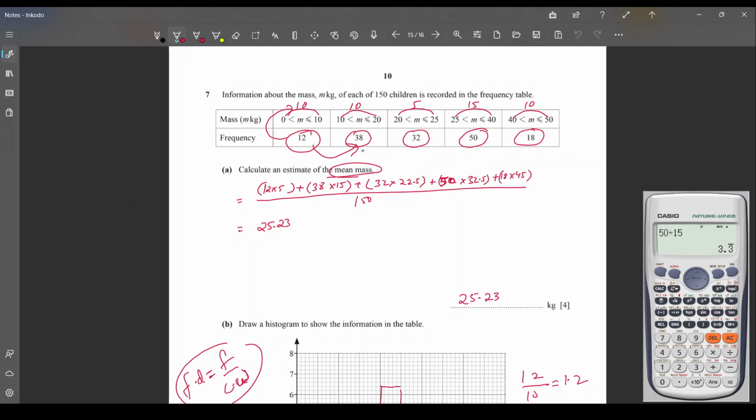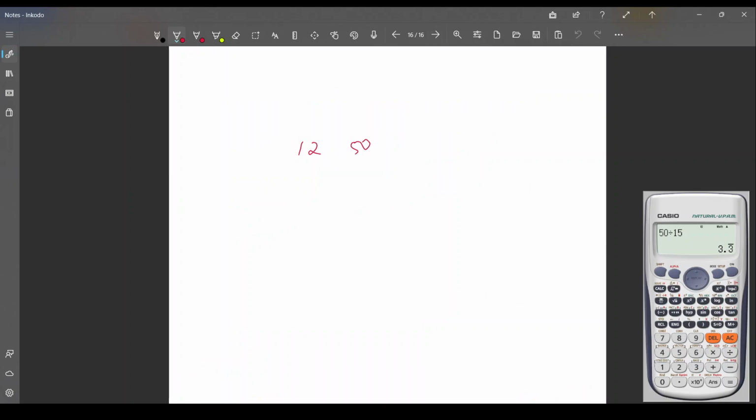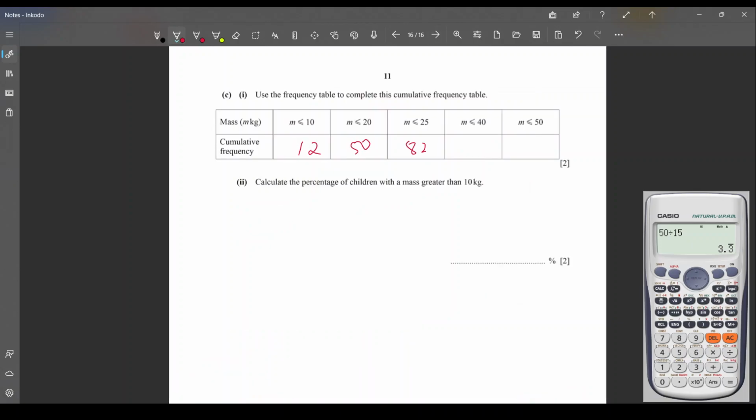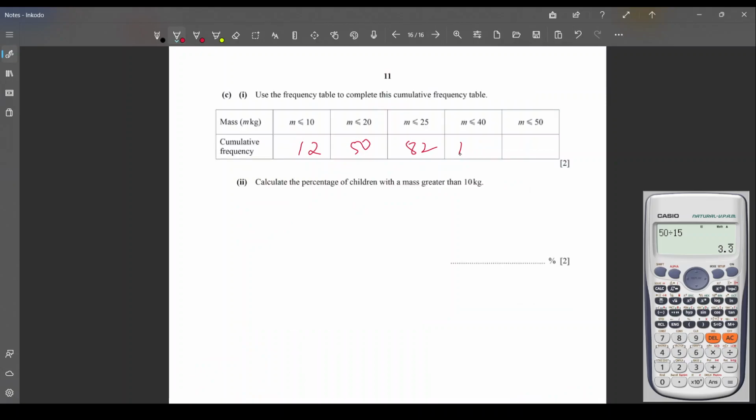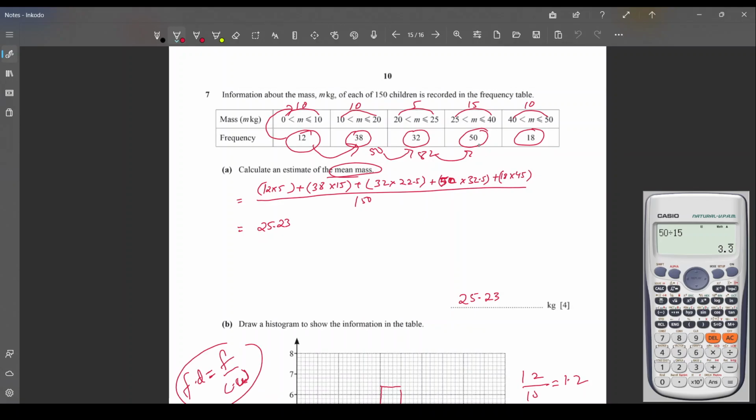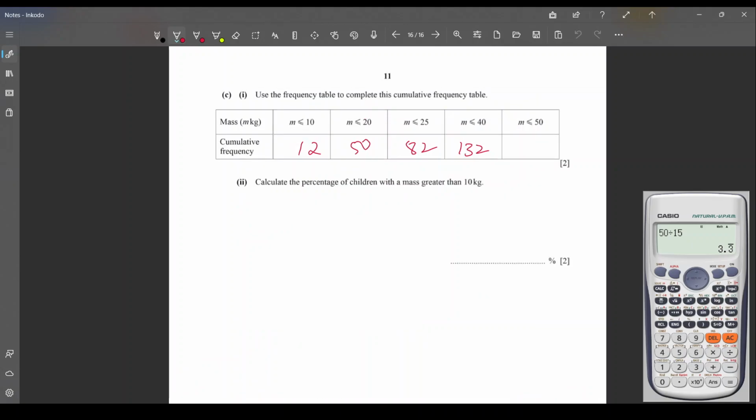The third value: here we got 50, right? So 50 plus 32 will be 82, and 82 plus 50 is 132. Yeah, 132. So here it will be 132, and here is 132. So 132 plus 18 gives the last value, which should always be 150, and the first value will match the frequency table.